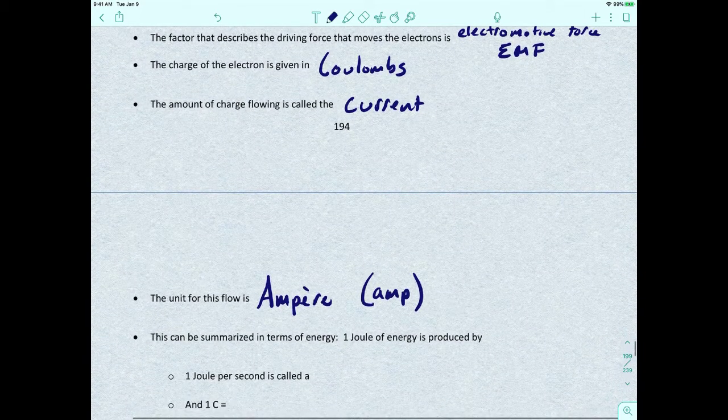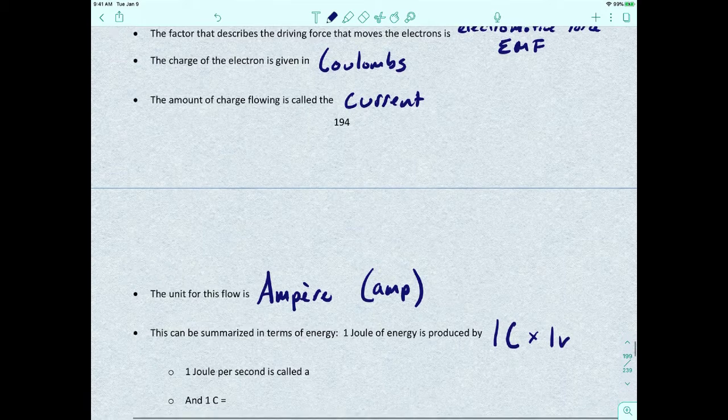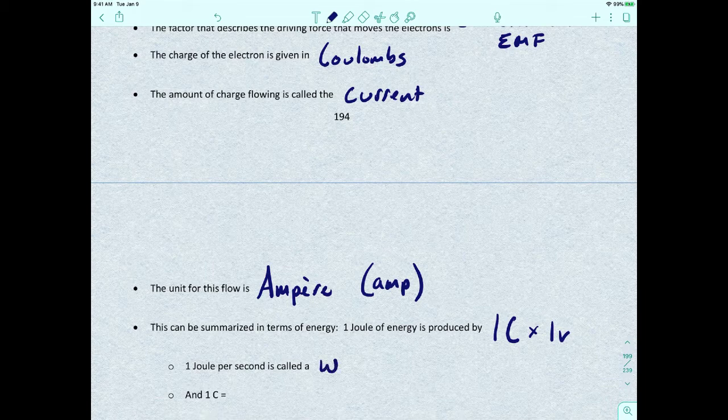Now, we can define the ampere in terms of energy. So 1 joule of energy is going to be produced by 1 coulomb times 1 volt. Now, 1 joule per second is called a watt.